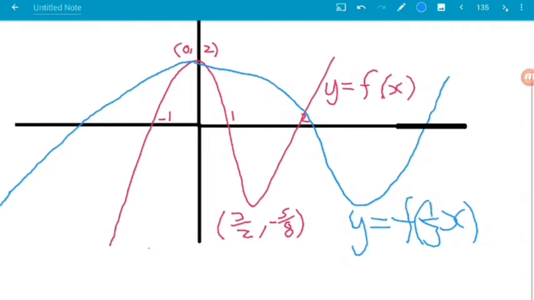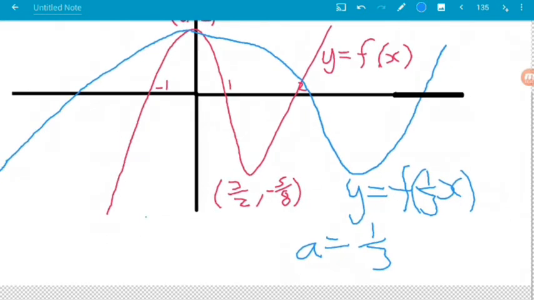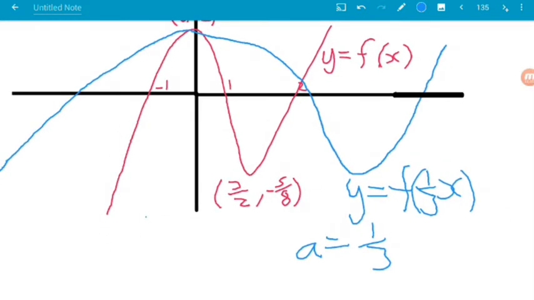For this, a is 1/3, so it's a fractional value of a, so it's going to stretch the graph along the x-axis.